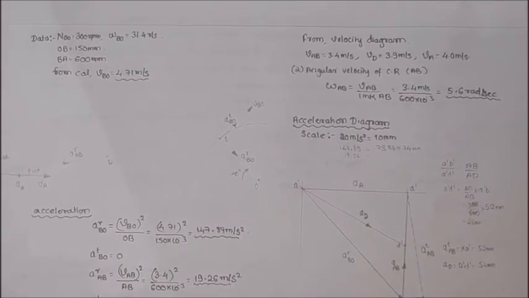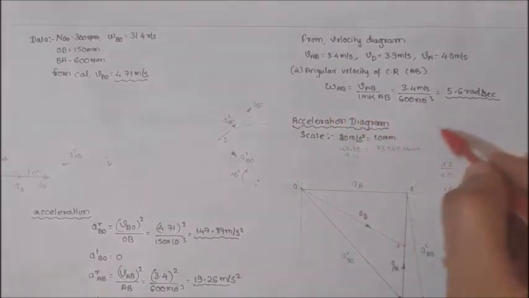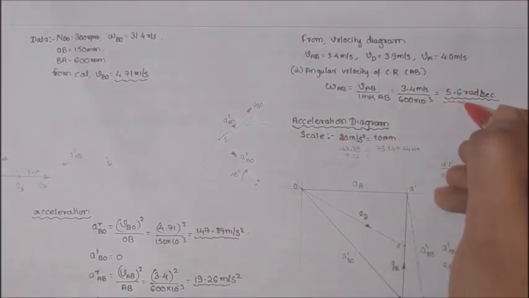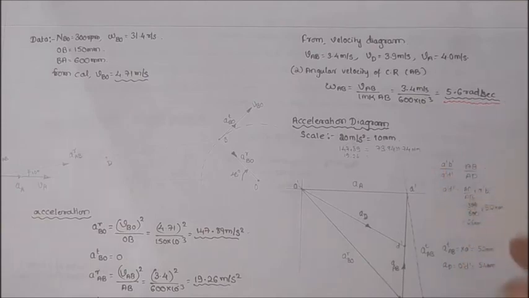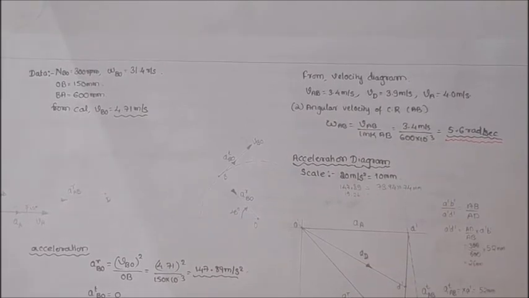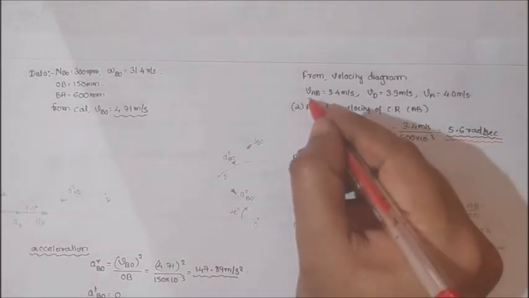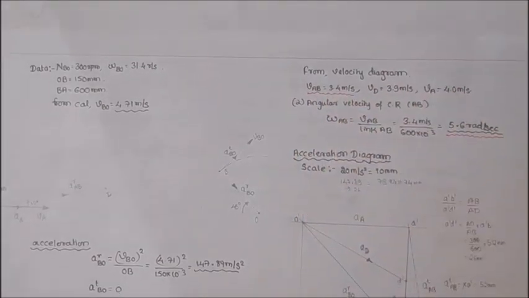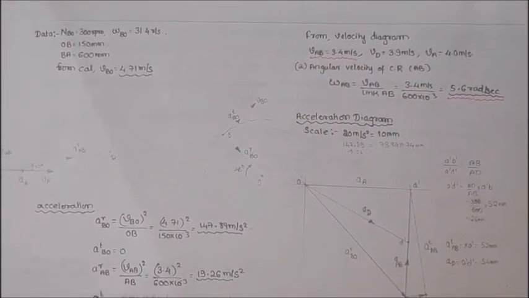Then he had also told us to find the angular velocities, that is omega B, for the link AB, and found out linear velocity of the link AB. So these were the answers which were needed.